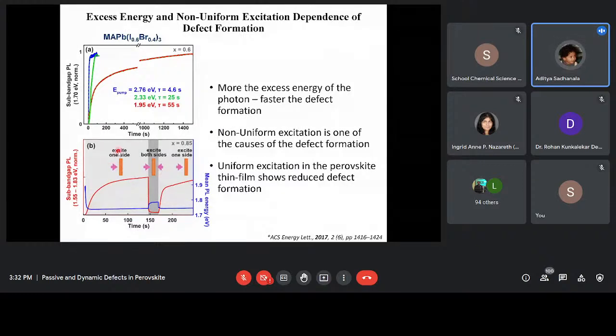In this case, you are generating more charge carriers here and less at the back side, so there is a gradient. Here you are generating more at the back as well. So the balance of generation of charge carriers is very essential. It tells you that if you manage to illuminate your perovskite film from all sides, not just from one side, probably you can reduce this effect.